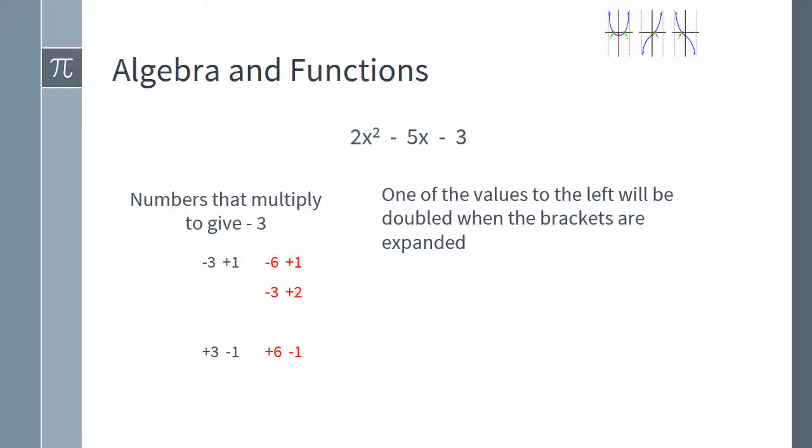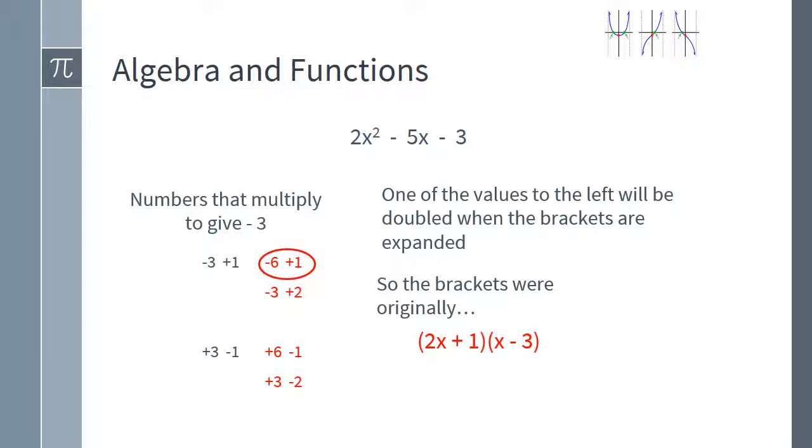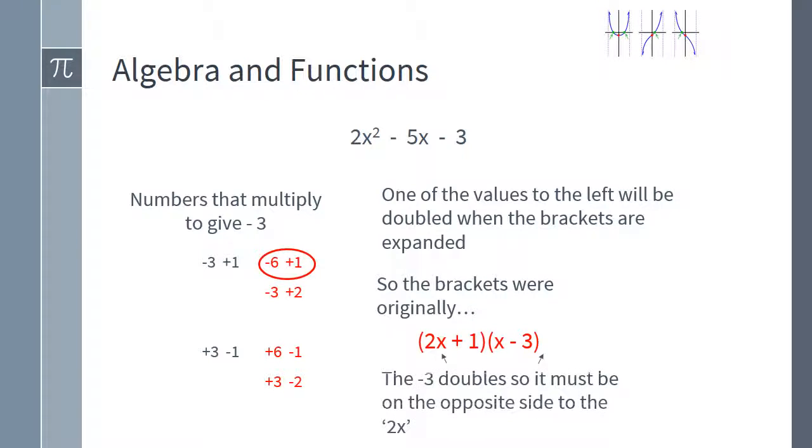Or it's plus 6 minus 1, or plus 3 minus 2, again doubling one of the terms. And which of those makes minus 5? The minus 6 plus 1 is the one that makes minus 5. So the brackets originally were 2x plus 1 and x minus 3, because the minus 3 term had to be doubled, so that's the one that has to be multiplied by the 2. The minus 3 is doubled, so it must be the opposite side to the 2x.